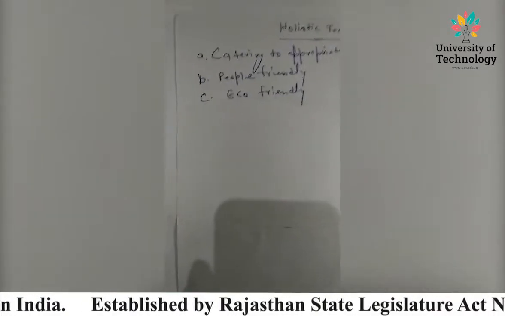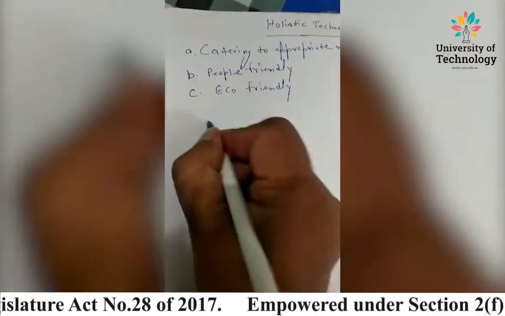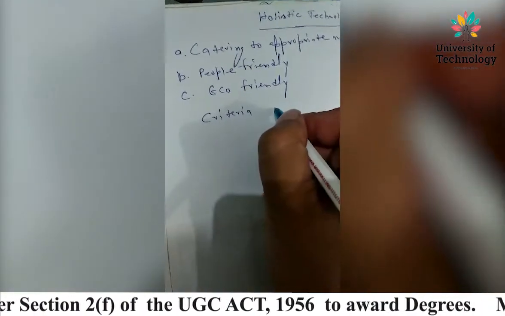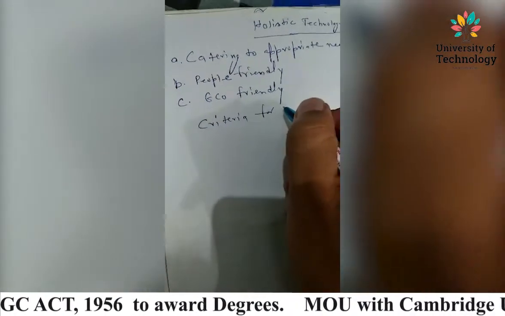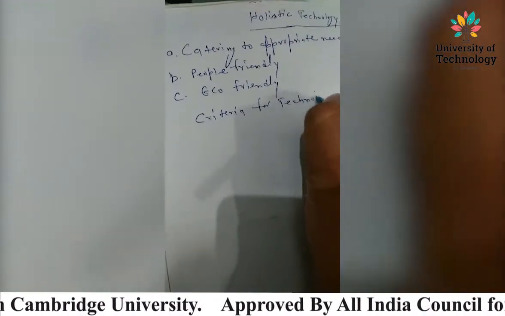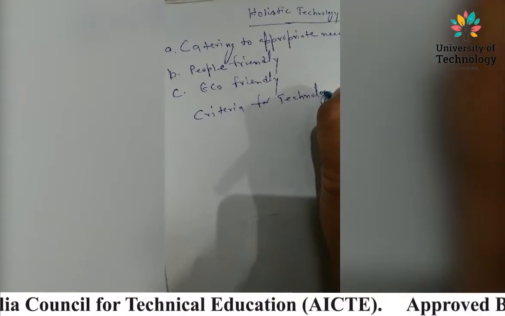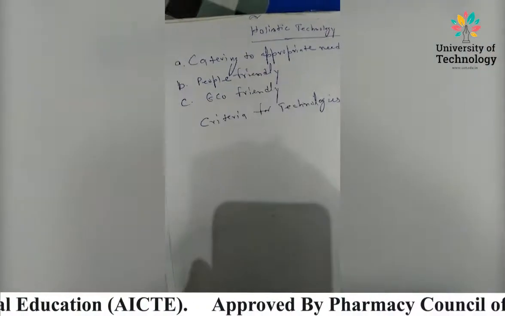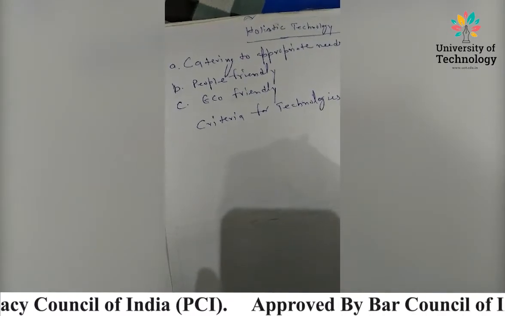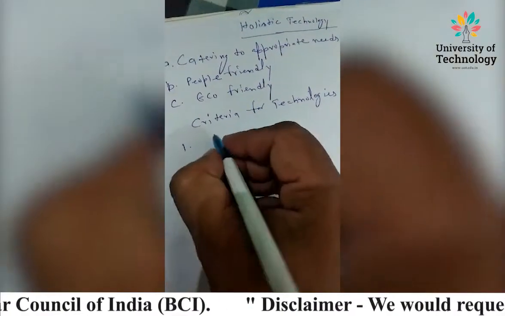Okay. Next, let's discuss criteria for technologies. See, the above mentioned general criteria can be itemized into more specific form as follows. First point, catering to real human needs.